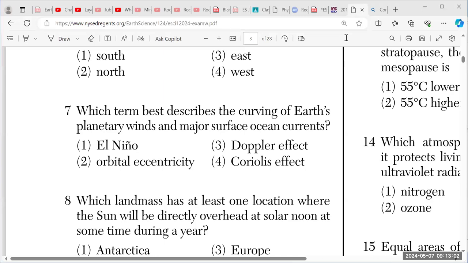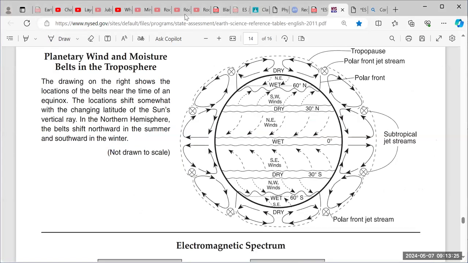All right, number 7. Number 7 says, which term best describes the curving of Earth's planetary winds and major surface ocean currents? I know in my reference tables there are 2 pages that talk about this. On page 14 of the reference tables, we see the curving of the Earth's winds as shown here.